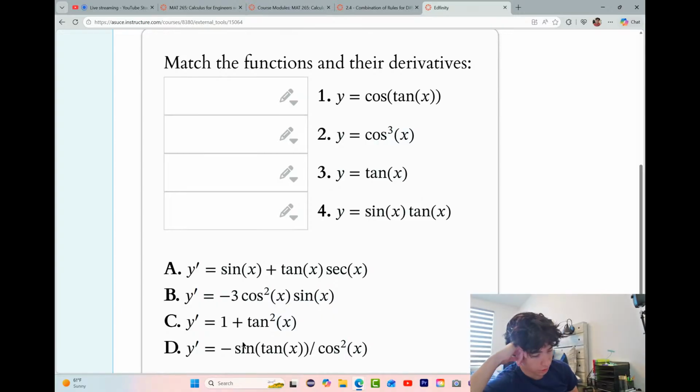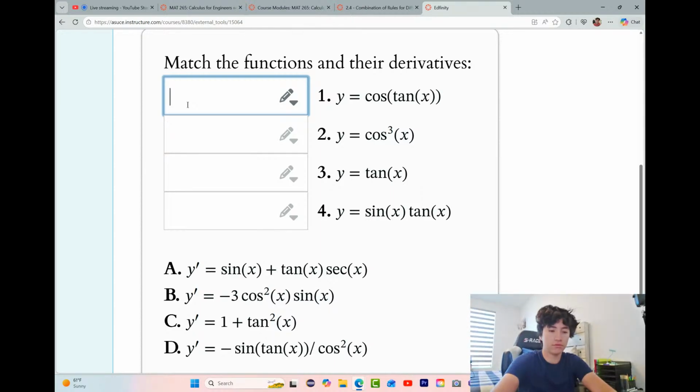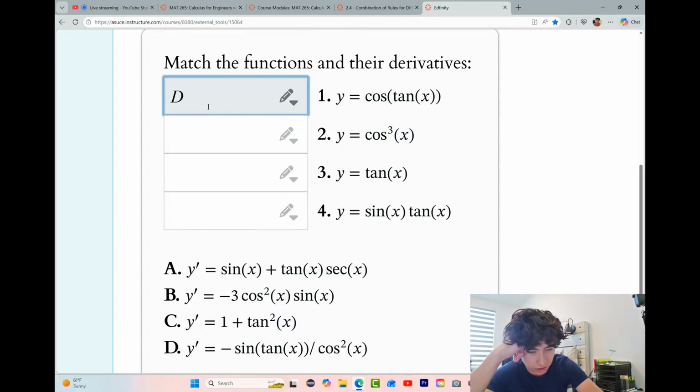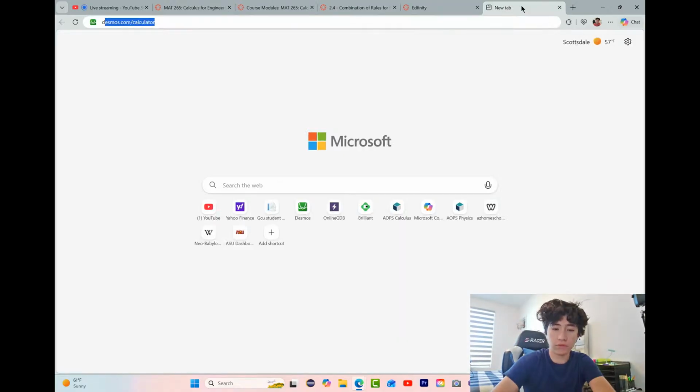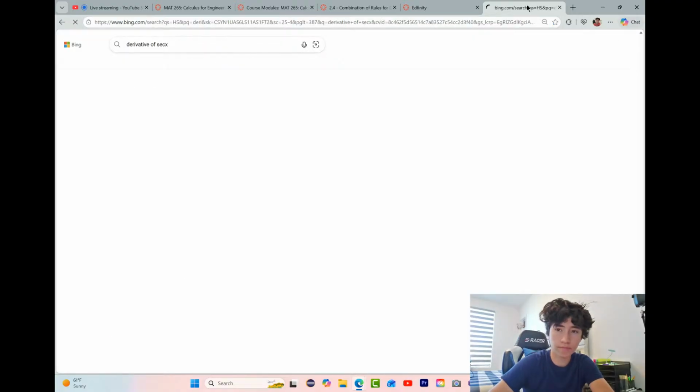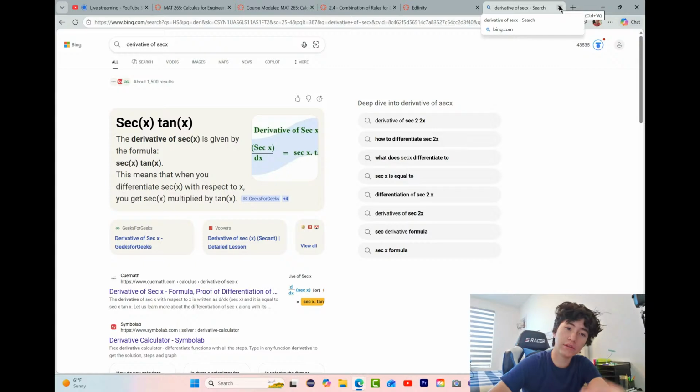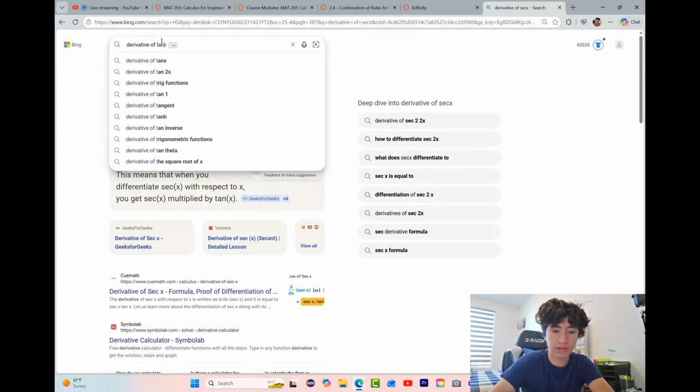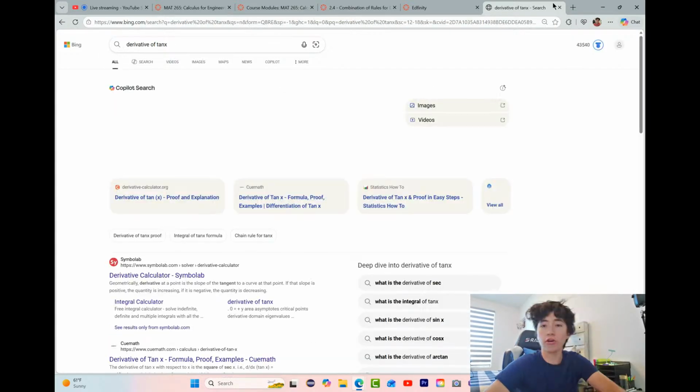Hold on. What is the derivative of tangent of x? All right, I'm pretty sure it's going to be D. Because here we have the negative sine of x evaluated at tangent of x, and this over cosine squared of x. I mean, we know that secant is 1 over cosine. Wait, derivative of secant. Oh, no, I'm sorry. Tangent of x. Secant squared. Oh, interesting.